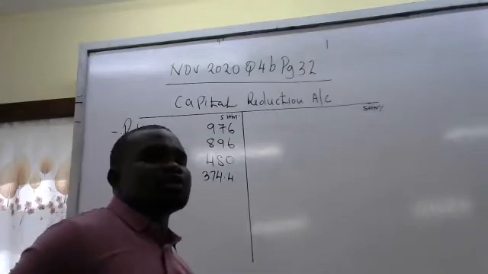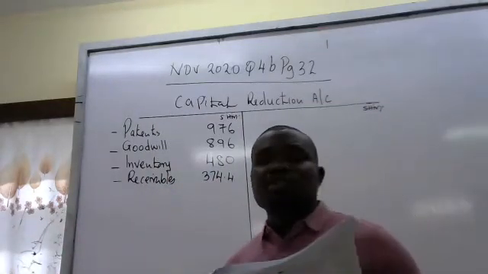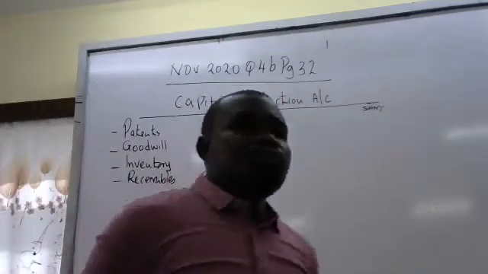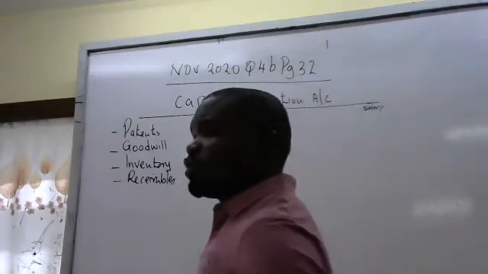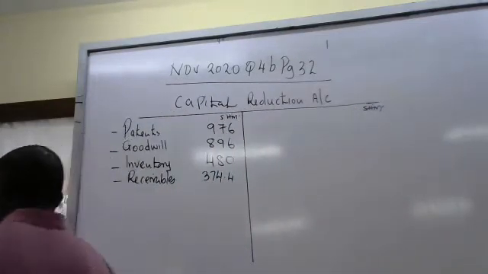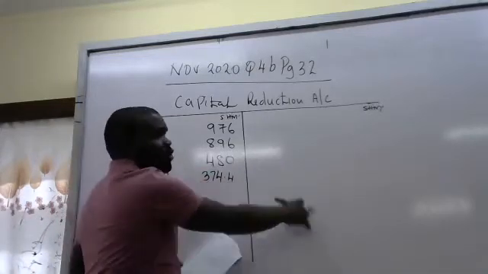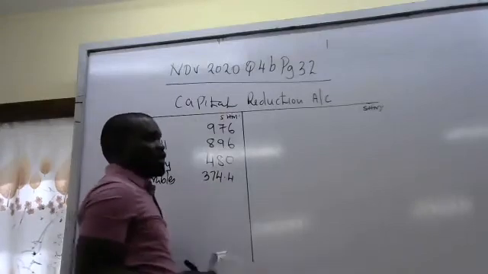So we gained, we lost? We gained how much? 544. So with the gain, of course, you'll have to credit the capital reduction because you'll increase the asset account.